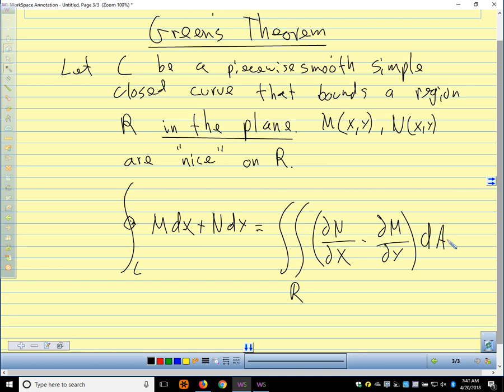And just a reminder, this tells us we're going around a closed curve with counterclockwise orientation.